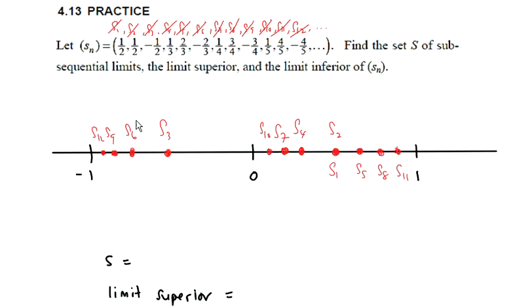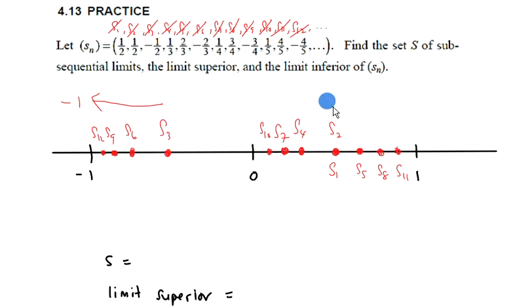The first subsequence starts from S3, S6, S9, S12. It moves to the left and approaches minus 1. So this is the first subsequence. The second subsequence is from the point half.